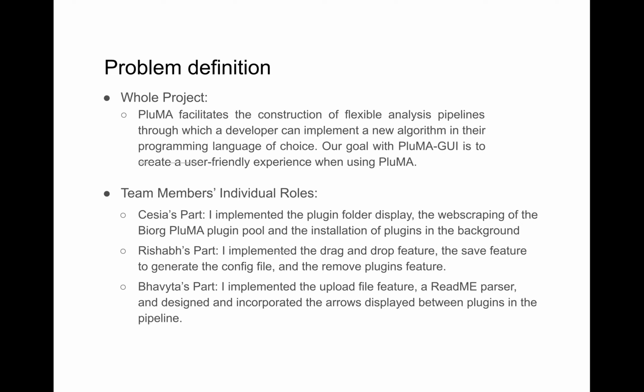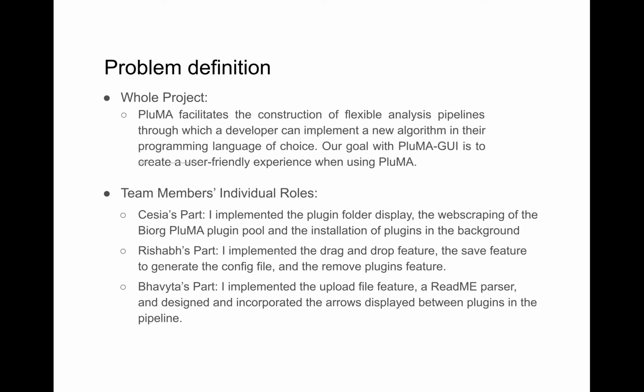So I was mainly responsible for the upload, input and output file features. The way that the pipeline works right now is that the user only needs to upload the input file for the first plugin and the output file for the last plugin.